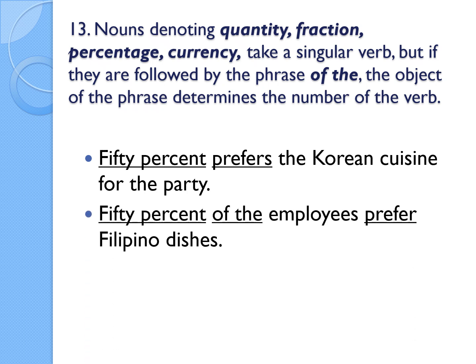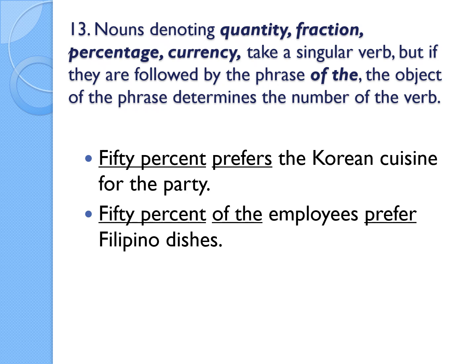"50% of the employees prefer Filipino dishes." If you look at the sentences, they use the same quantity, 50%. But in the second sentence, there is an of phrase, "of the employees." "Of the employees" is a prepositional phrase. The object of the word "of" is employees, which is plural. So we have to consider the of phrase.